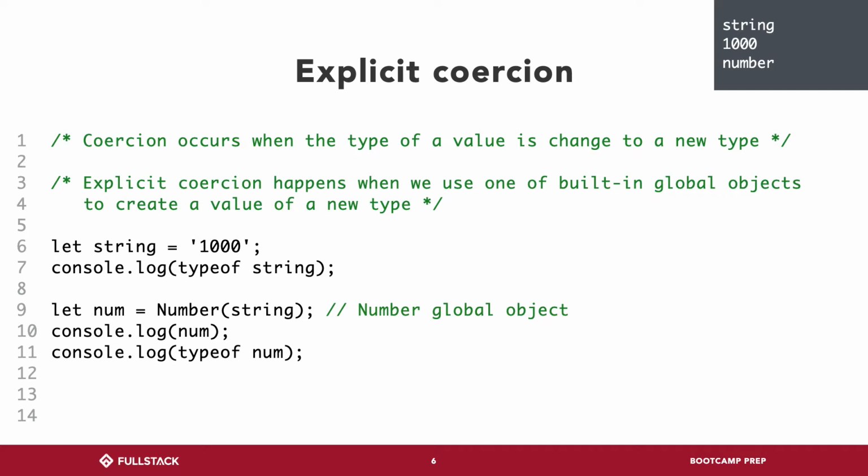If you're using the capital Number, you can only pass in strings that will actually evaluate to a valid number. You can coerce a string of 2.5 into a number, and it will be 2.5. I didn't show you that, but it's the same thing. That is a number, right? Cool.